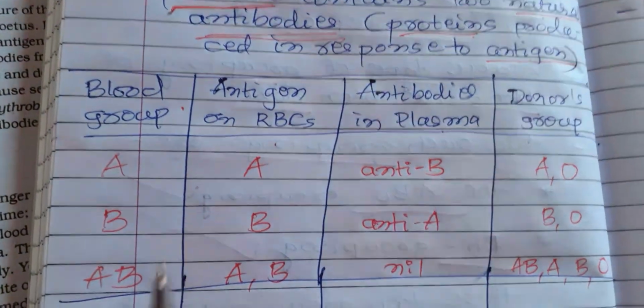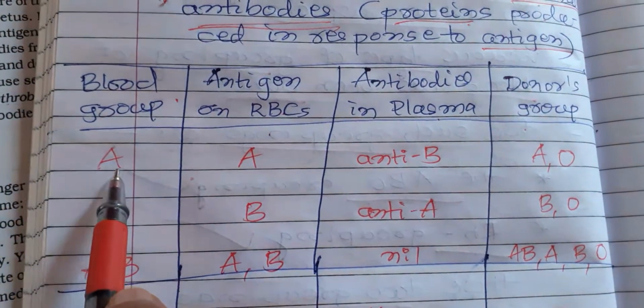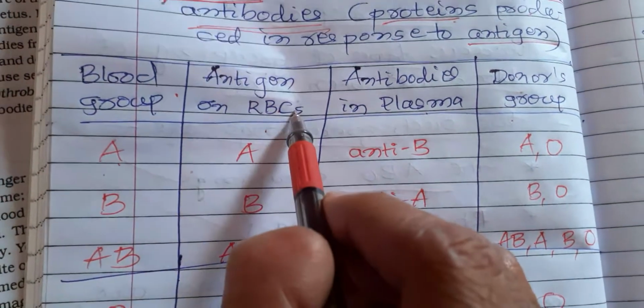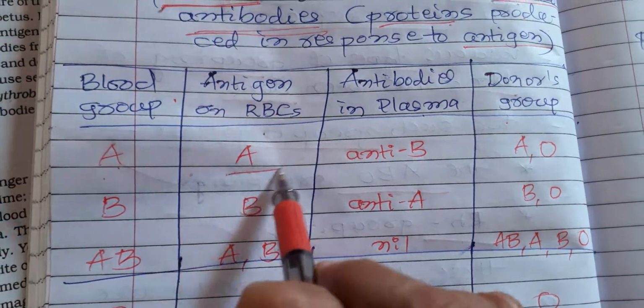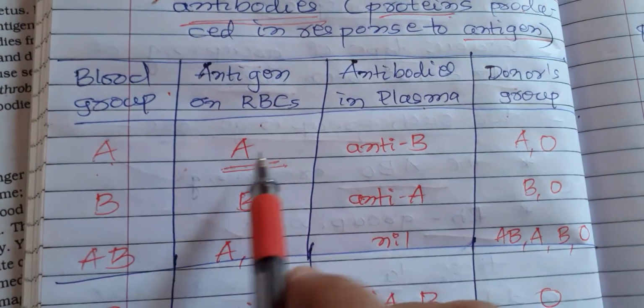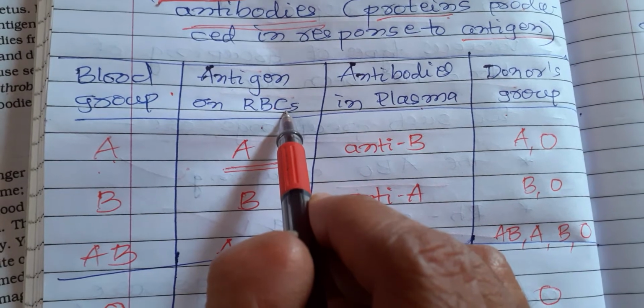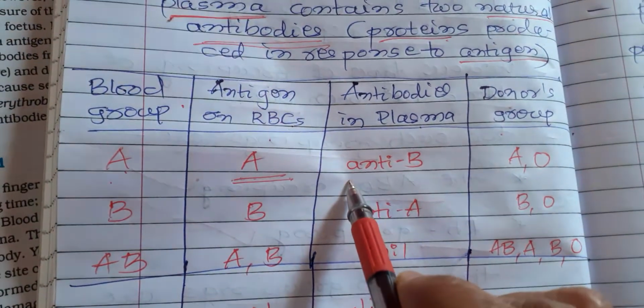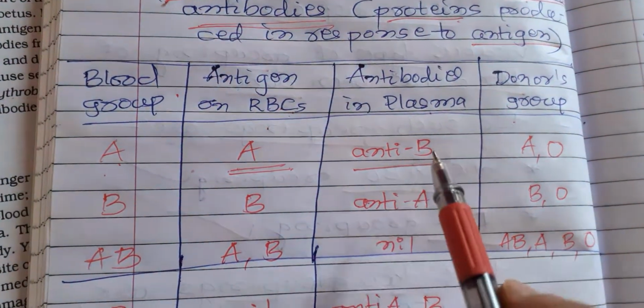So first one, A blood group. The antigen on RBC is A. A antigen is present on the red blood cell surface, and it will have antibody B in the plasma.